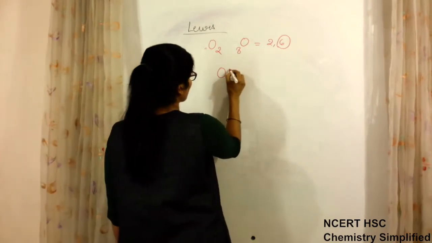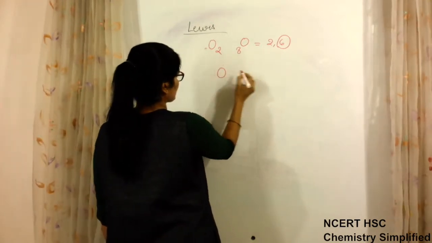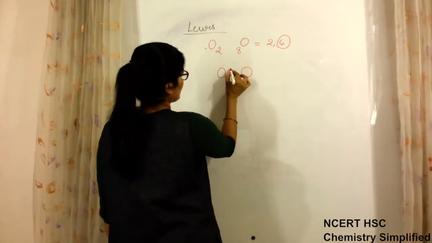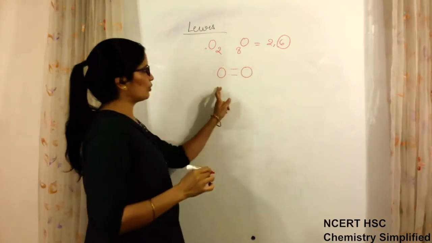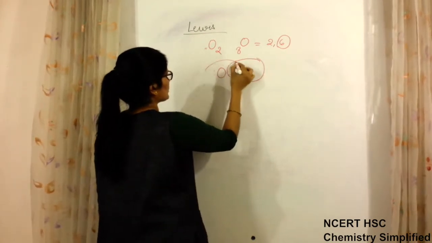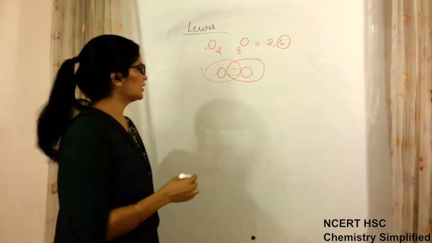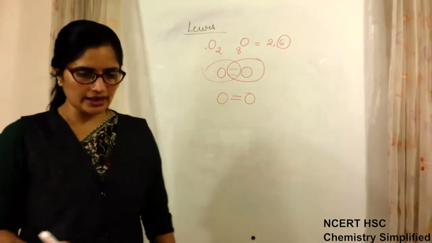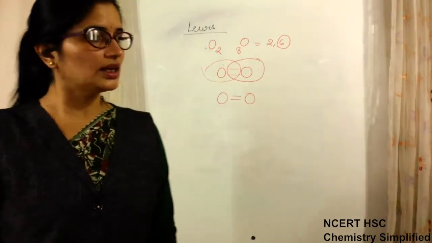So we draw 1, 2, 3, 4, 5, 6 and 1, 2, 3, 4, 5, 6, and we see that both of them are sharing 2 electrons, and hence formation of a double covalent bond takes place between the 2 oxygen atoms.